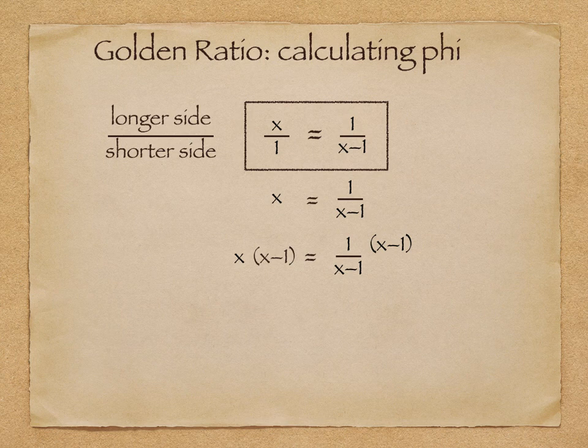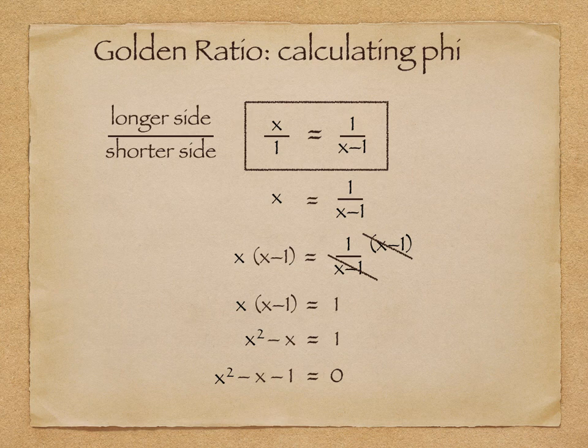And now the two x minus 1's cancel, and I'm left with x times x minus 1 is equal to 1. I'll multiply out these brackets on the left, x squared minus x equals 1, and finally rearrange the 1 to the other side to get x squared minus x minus 1 equals 0.